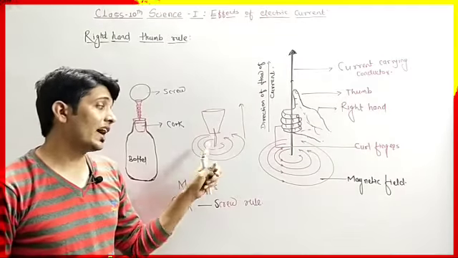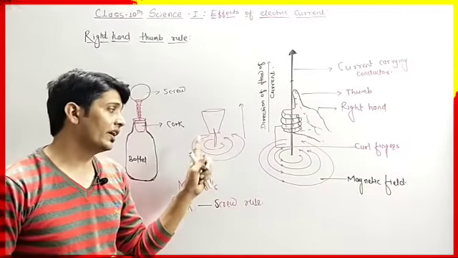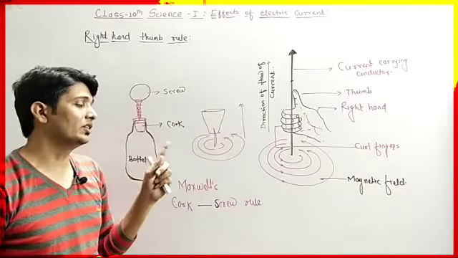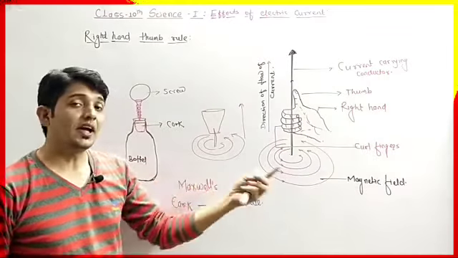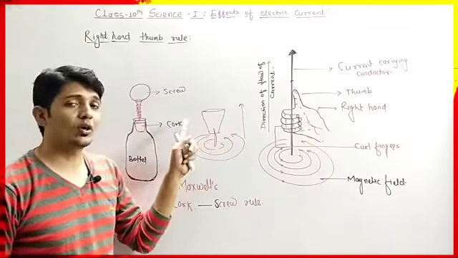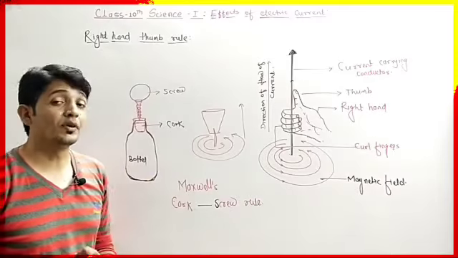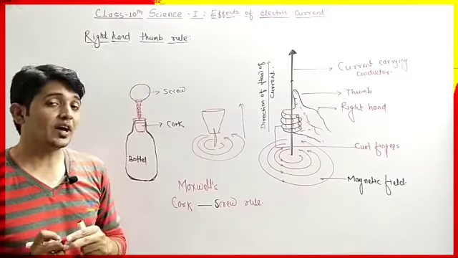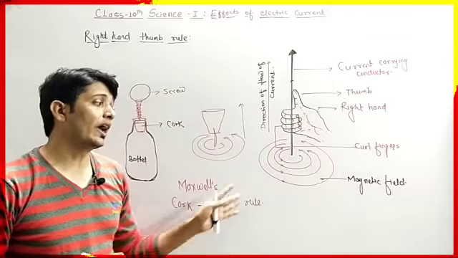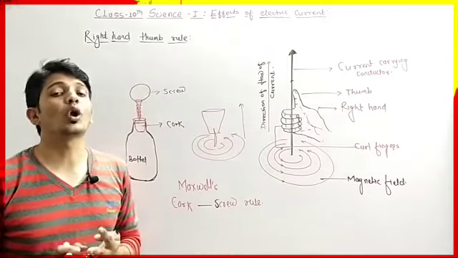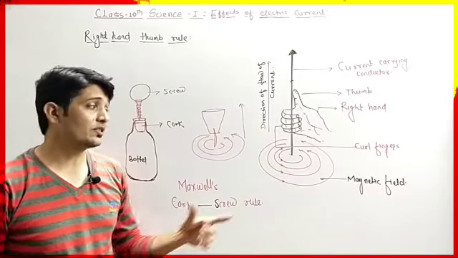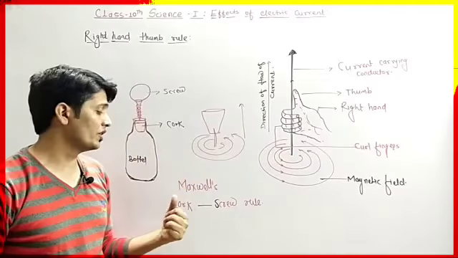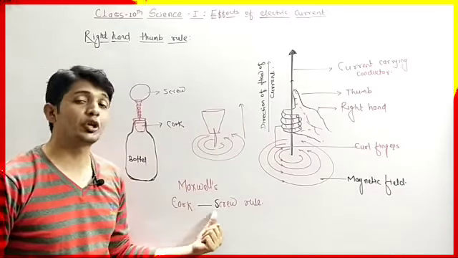The screw moves in a circular path, which shows the magnetic field, and it penetrates inside the cork, which shows the direction of flow of current. That's why the corkscrew rule and the right hand thumb rule are more or less similar, and the right hand thumb rule is also called Maxwell's corkscrew rule.